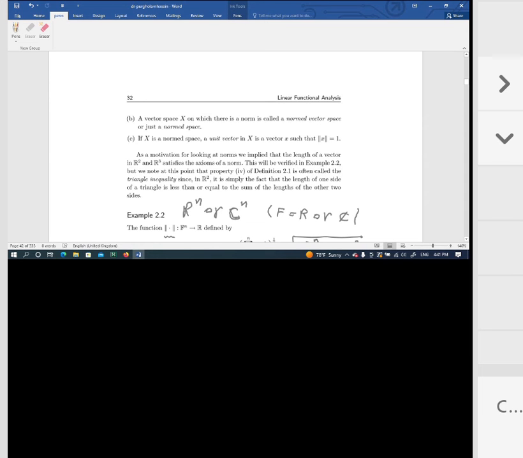As you see in B, a vector space X on which there is a norm is called a normed vector space, or just a normed space.